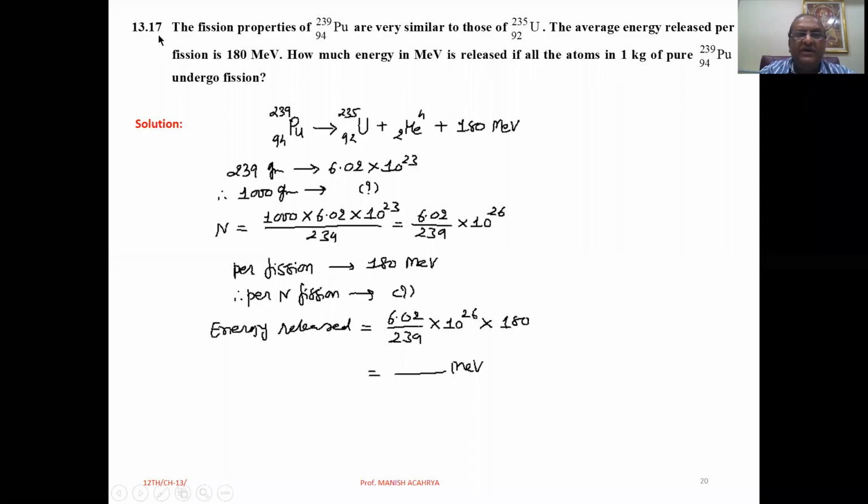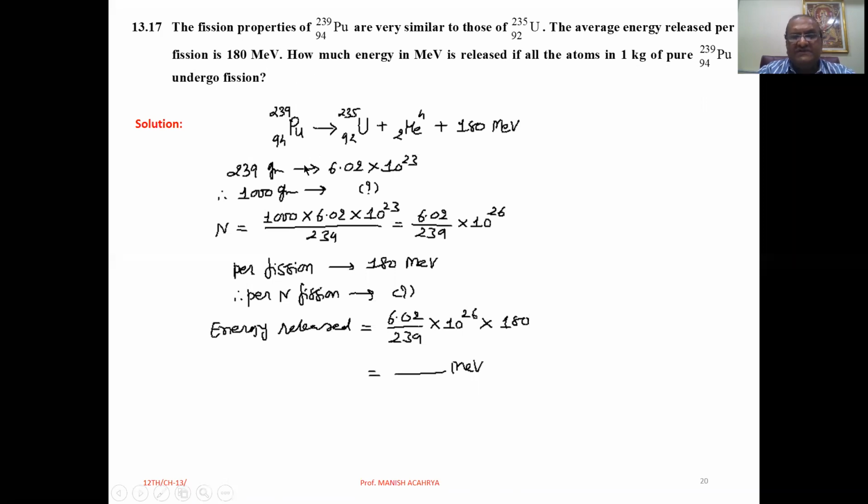Next, 13.17. The fission properties of 94Pu239 are very similar to those of 92U235. The average energy released per fission is 180 MeV. How much energy in MeV is released if all the atoms in 1 kilogram of pure 94Pu239 undergo fission?